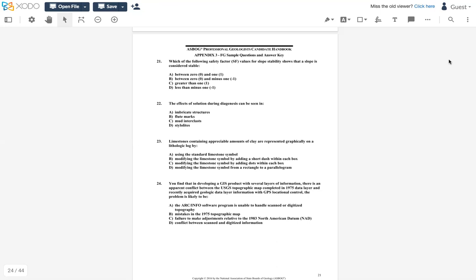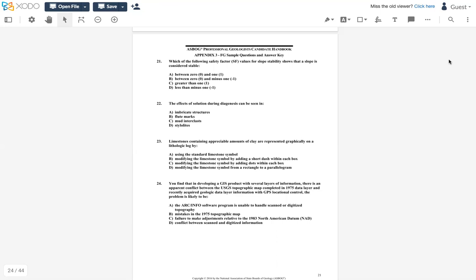But in any case, I do know that safety factors greater than 1 are considered stable, and that's what we are looking for. Safety factors close to 1 are going to be marginally stable, and those slopes are going to be the kind that need some type of attention, either an engineering structure or some analyses to get a sense of what's going on in the area.